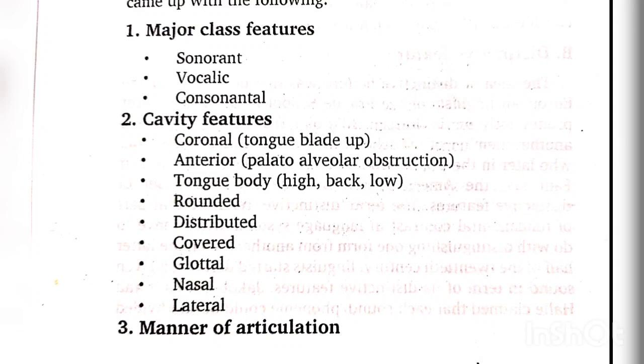Then tongue body: high, back, low. Whether it is raised to a high or back or low position, that is the tongue body. Then rounded, distributed, covered, glottal, nasal, lateral, the sides. So cavity features are coronal, anterior, tongue body, rounded, distributed, covered, glottal, nasal and lateral.